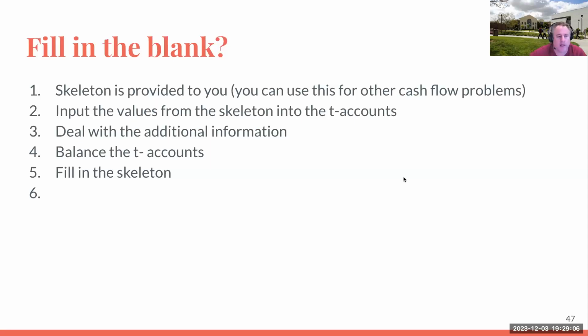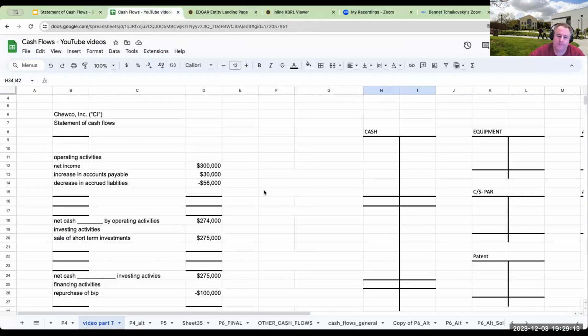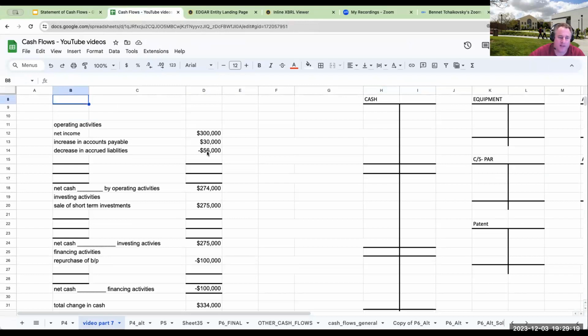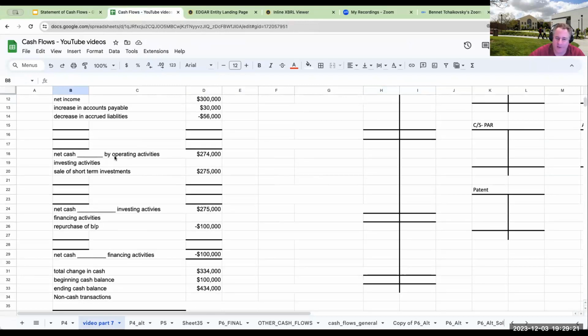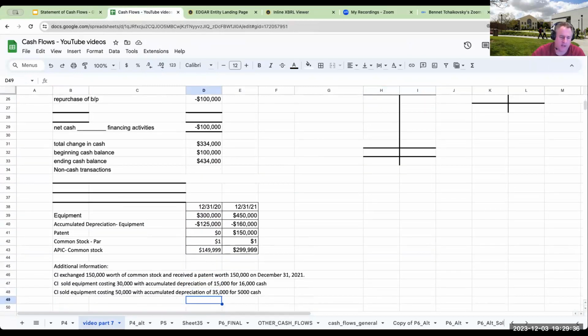So let's go ahead and look at this fill in the blank type of question. Here we've got Chuco, and you've got a blank over here. Operating activities, net cash blank operating activities, investing activities, net cash blank investing activities, repurchase of a bond payable, net cash blank financing activities, total change in cash, and everything else.